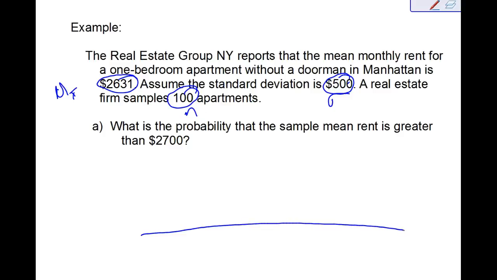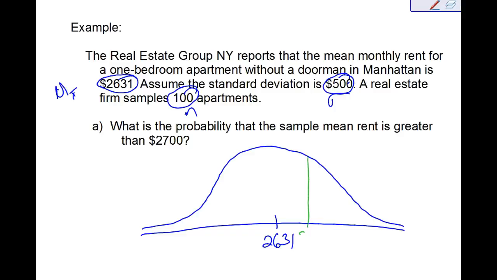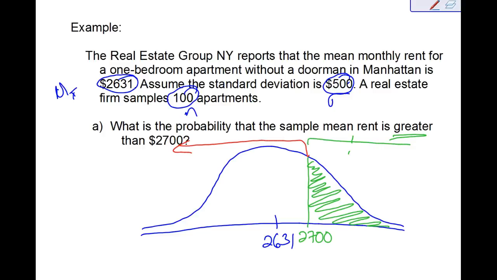We are still looking at our normal distribution curve, with 2631 here and 2700 here, and it says greater than, so that's shading to the right. So when we look it up, we do 1 minus whatever value we have.